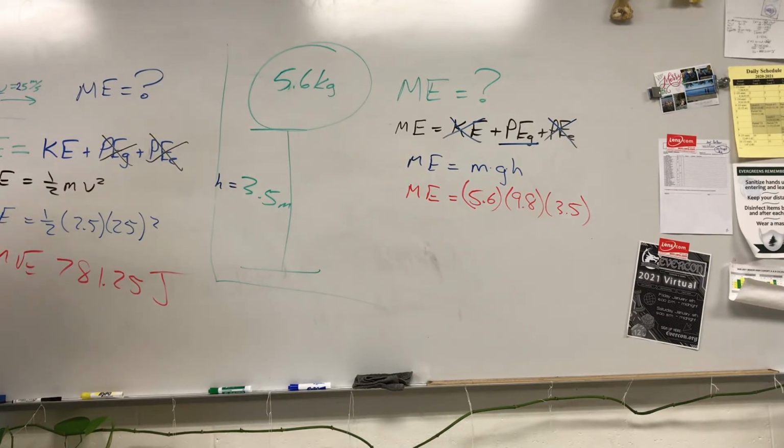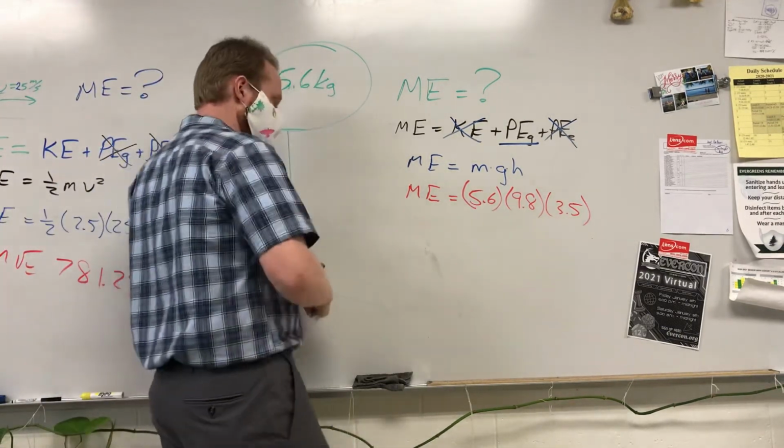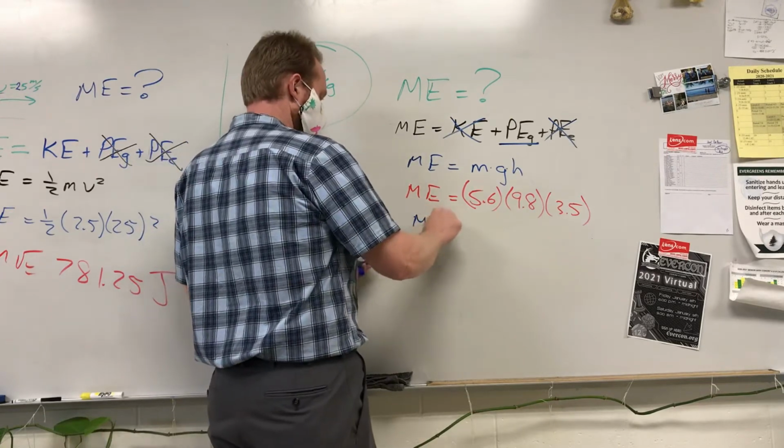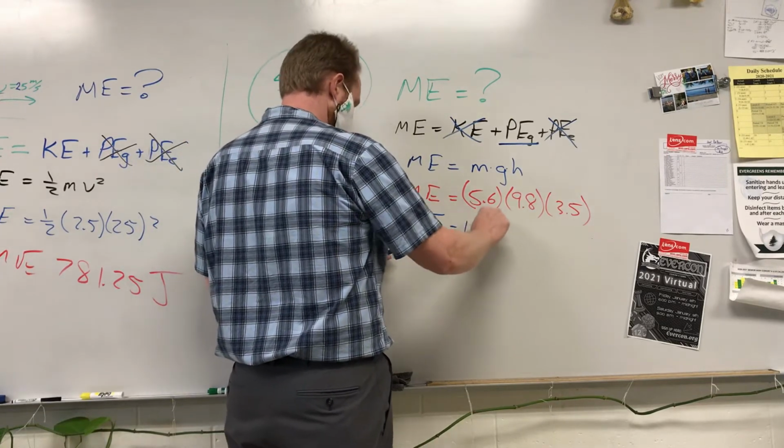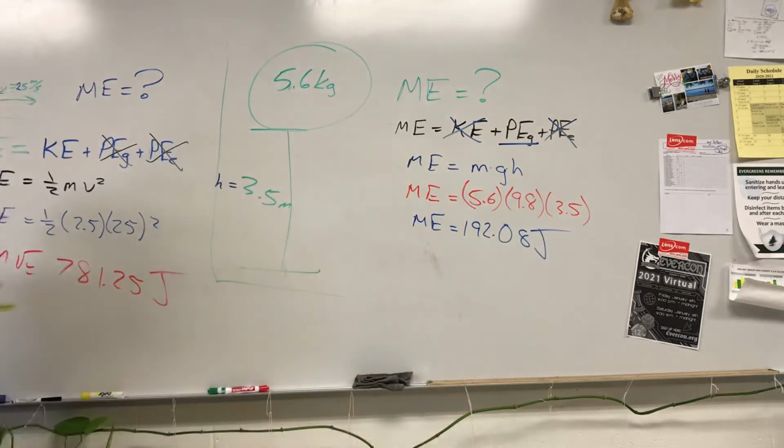So 5.6 times 9.8 times 3.5. I get the value, my total mechanical energy at that one location is 192.08 joules, assuming I did my math right.